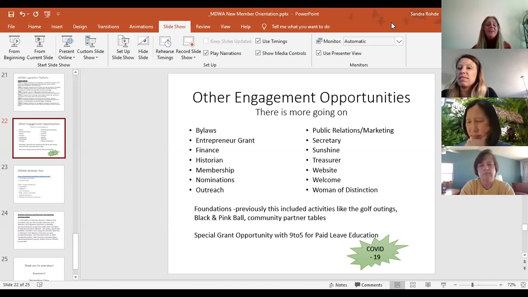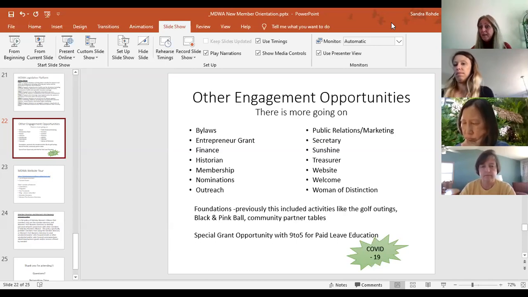It's all in our electronic database now. Wild Apricot is the program we use that has our membership database in it, our events management. It facilitates the fees that come through for meetings and for memberships. All that is mostly automated, so some of that secretary role kind of went down because they don't do that anymore.